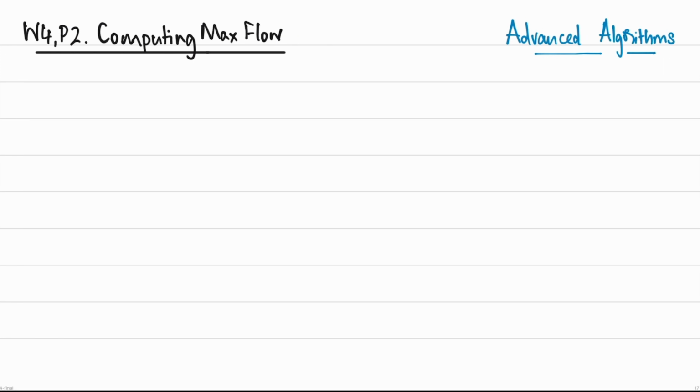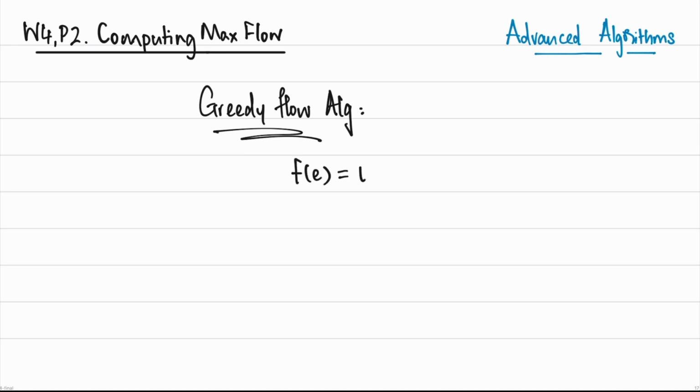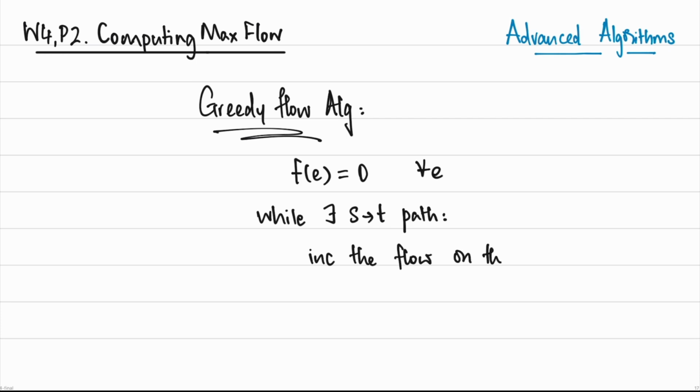So here is the greedy flow algorithm. To begin with, we initialize the flow on every edge to be 0, and then we say, while there is an ST path, increment the flow on the path by B, where B is the bottleneck capacity on the path.